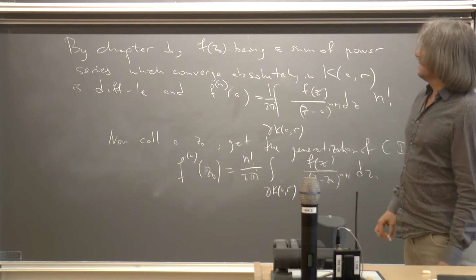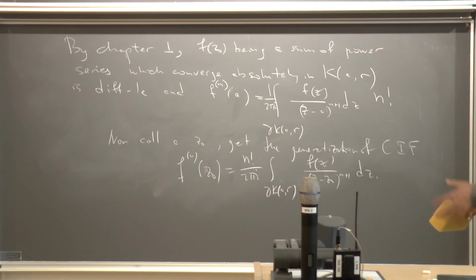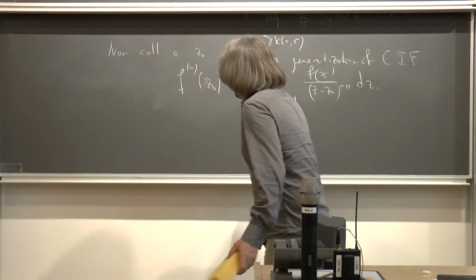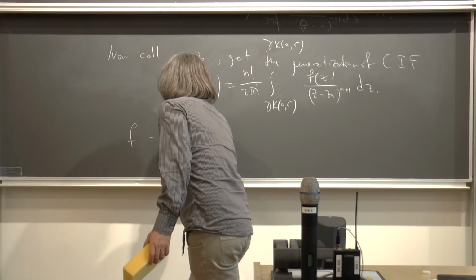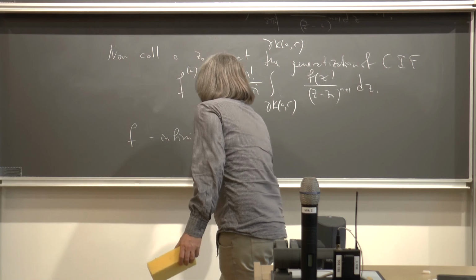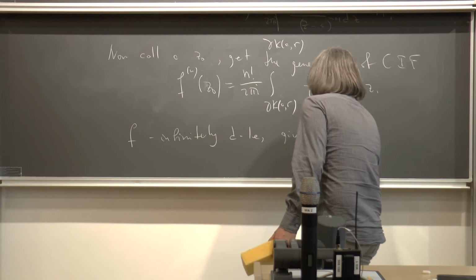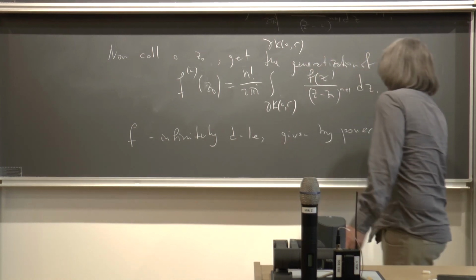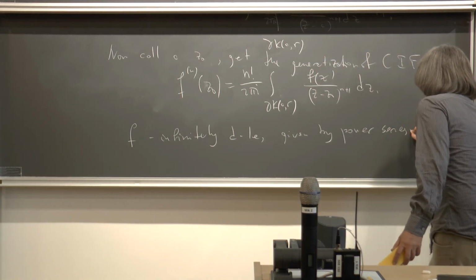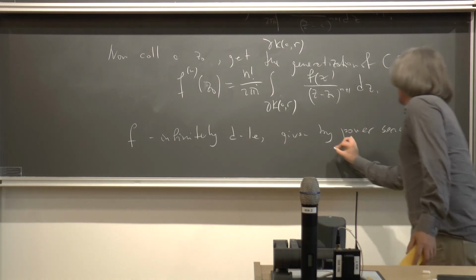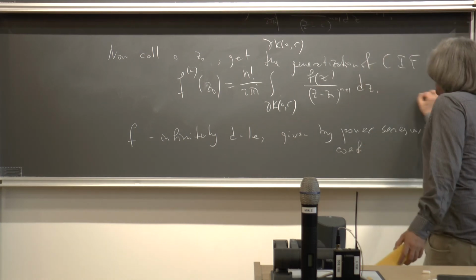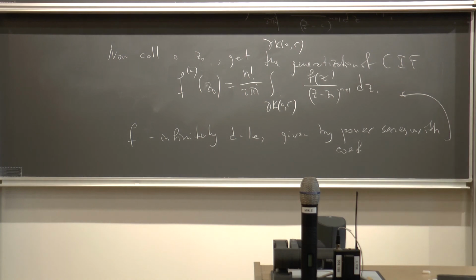Okay, so we obtained the proof of the Cauchy integral formula for derivatives, and this is the end of the proof of the theorem. So we saw that f is infinitely differentiable, given by a power series where its coefficients are basically like this.